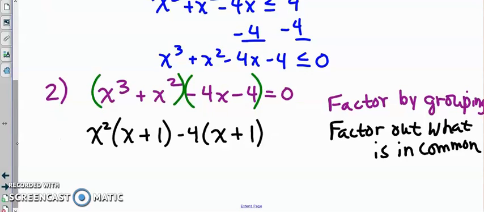Okay. Now the next thing we said we're going to factor out what is in common. And again, this equals 0. So we're doing this multiple times. Factor out what is in common.